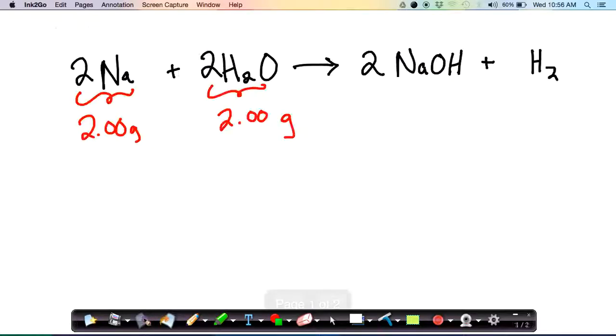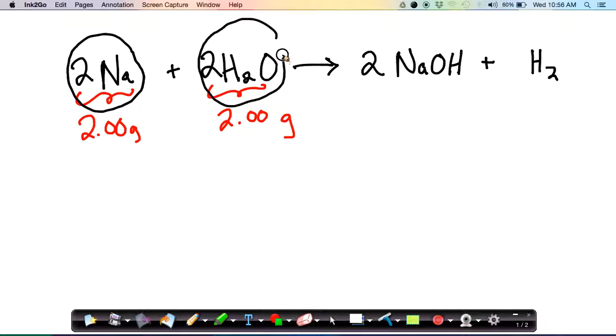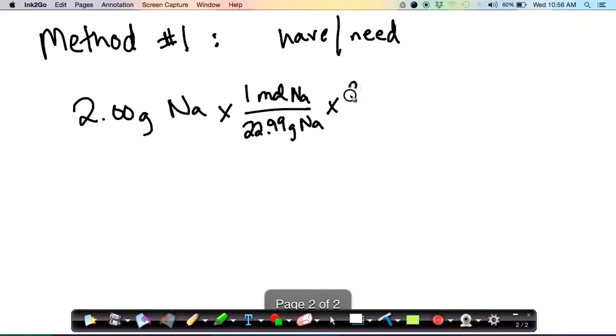So I go back to my chemical equation. Coefficient for sodium is 2. Coefficient for water is 2. So this is a 2 to 2 mole ratio. I've got 2 moles of H2O for every 2 moles of sodium.